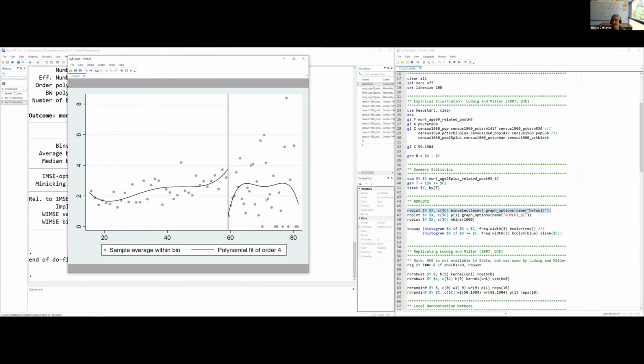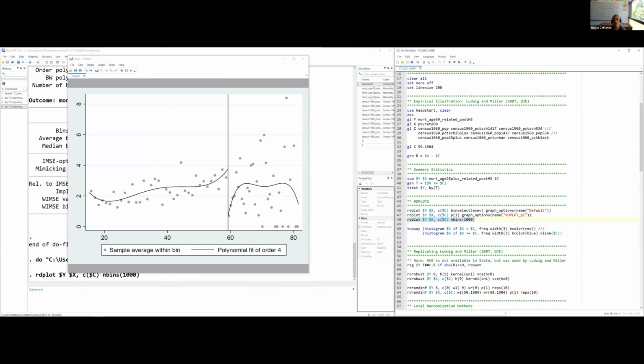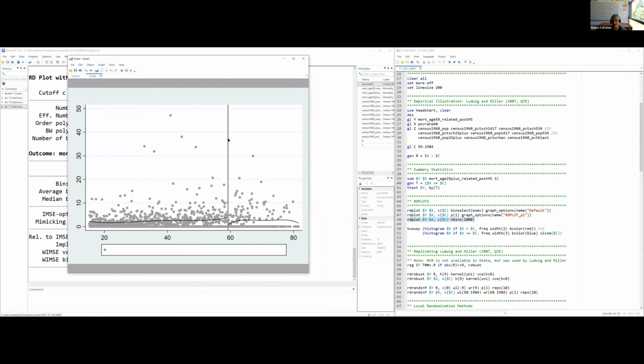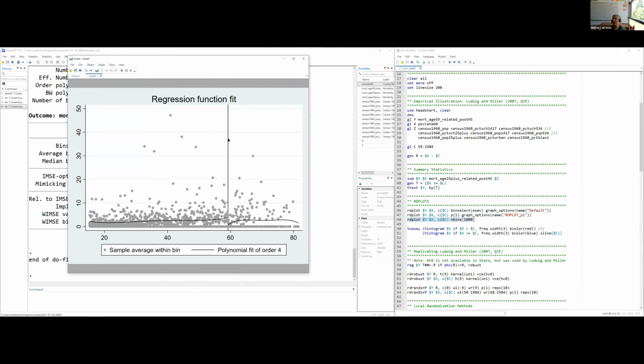So just to give you an example, imagine that I wanted to plot for you the Lewis and Miller data, which is such a fantastic paper and data set for us to try crazy things on. So far, we haven't been able to break it, although we keep trying. And here is the RD plot that you will get if you were to use a bunch of bins, which effectively says plot each data point as an individual dot.